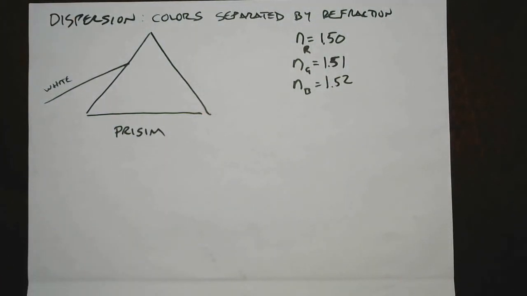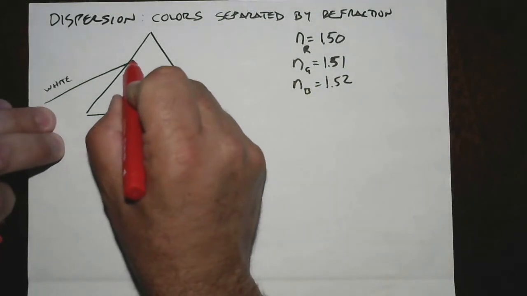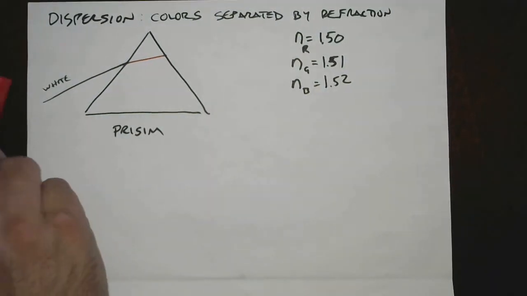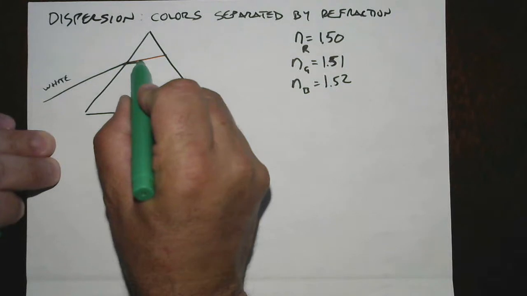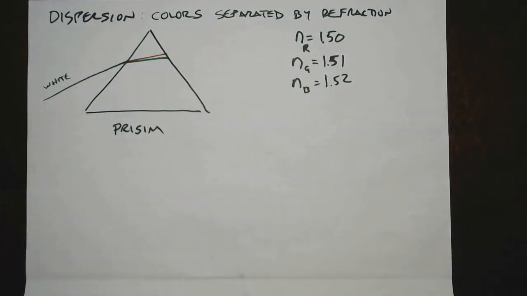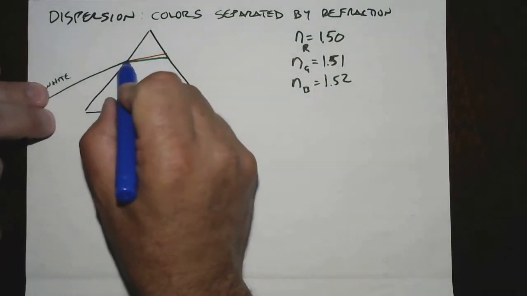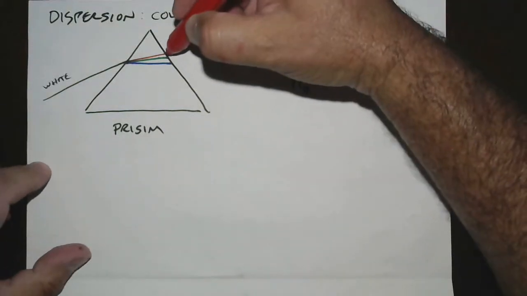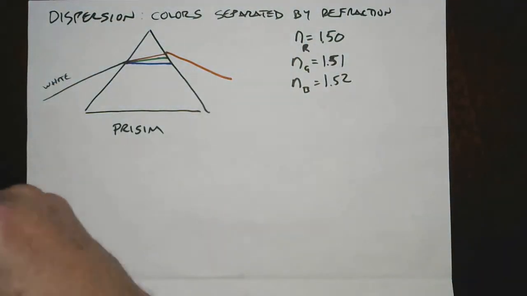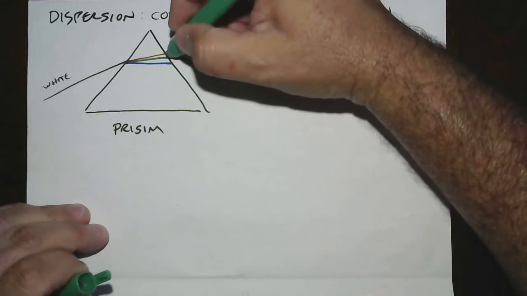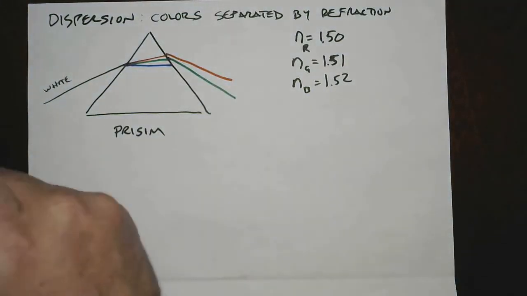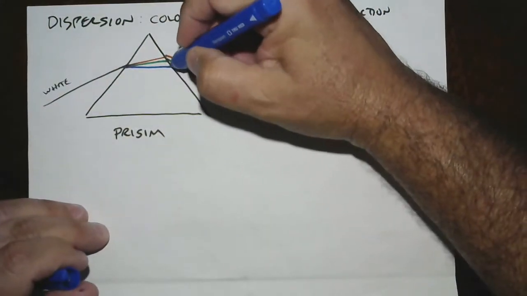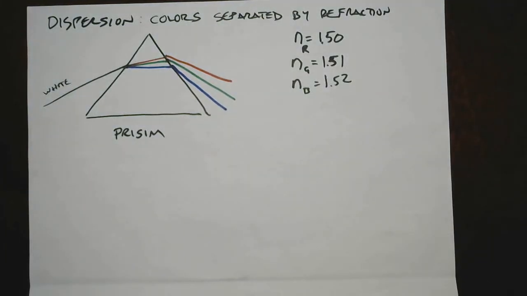The red doesn't bend towards the normal quite as much as the green does, which doesn't bend towards the normal quite as much as the blue does. And when they go to leave the prism, it goes the opposite way. The red bends away from the normal, but not quite as much as the green does, and definitely not as much as the blue does. And we wind up separating white light into its colors.